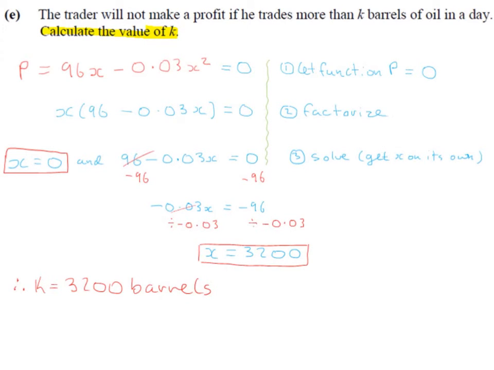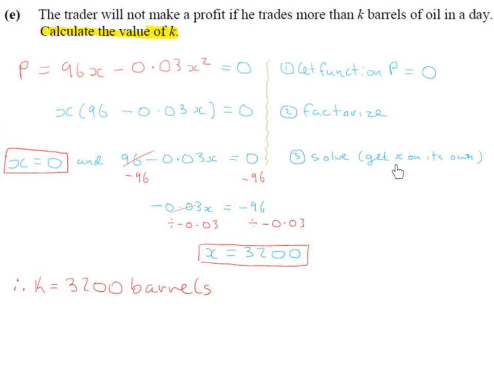Step 2, we have to factorize. So we see what's common to both of these, and it's going to be an x, so we take the x outside the bracket. x into 96x leaves us with 96. x into minus 0.03x squared leaves us with minus 0.03x, and this is still equal to 0.